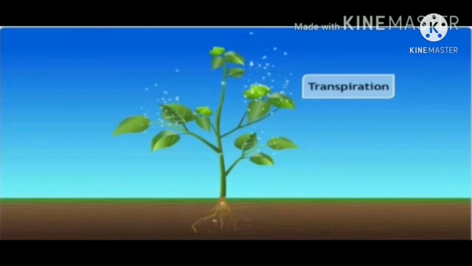See, children, transpiration pull helps in the absorption and upward movement of water and minerals dissolved in it from the roots to the leaves.